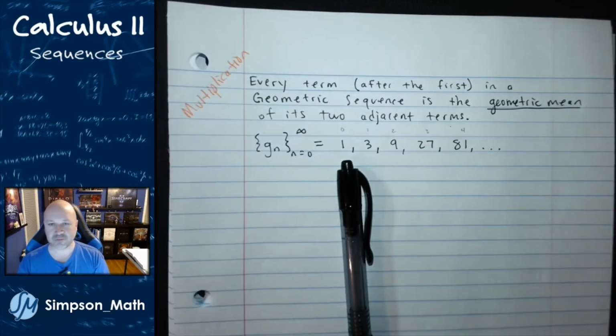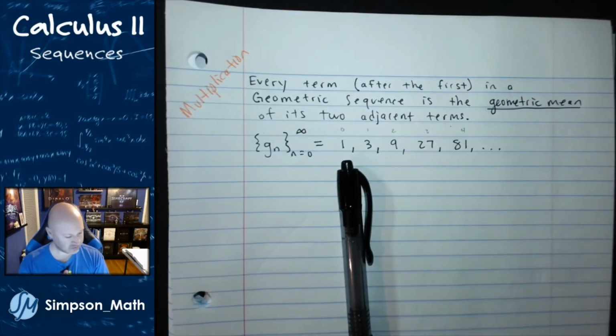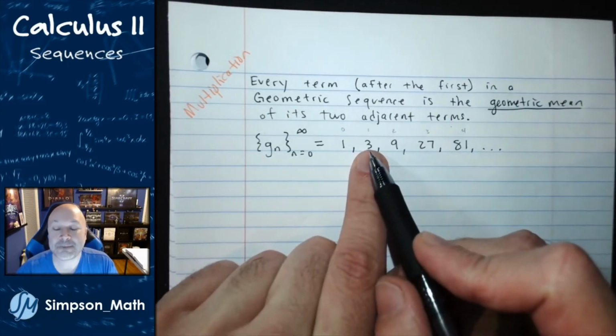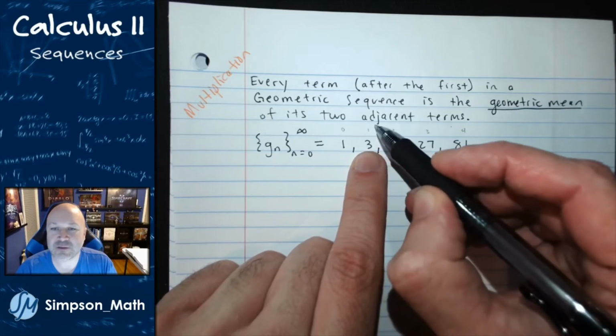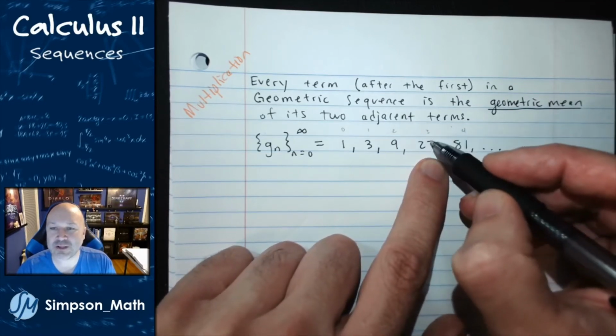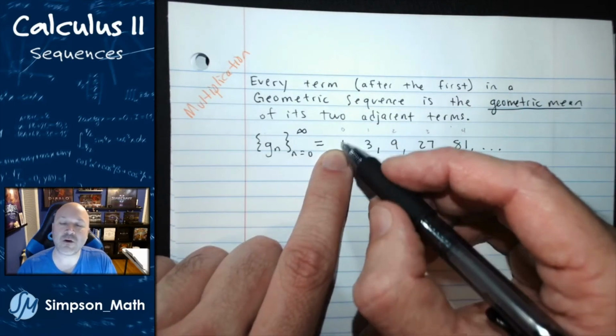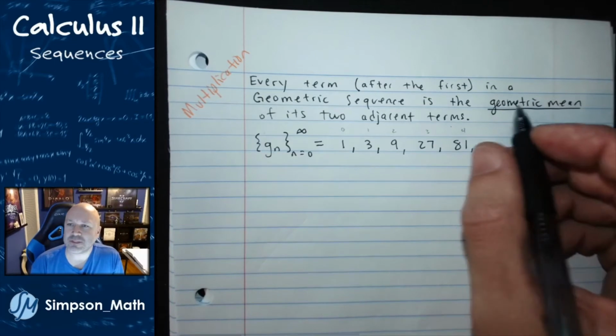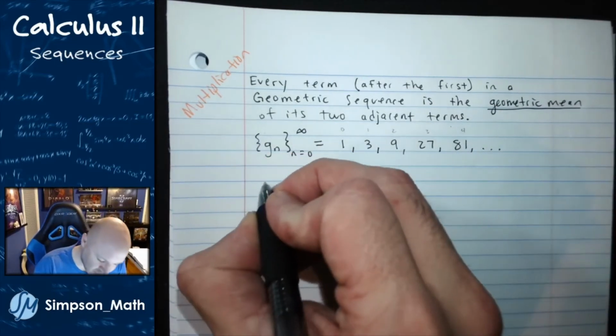Oh, no, that doesn't work. Plus 1? No, that doesn't work. Let's see. Oh, yeah. Think about it as powers. 3 to the first power is 3. 3 to the second power is 9. 3 to the third power is 27. 3 to the 0 power is 1. That'll work.